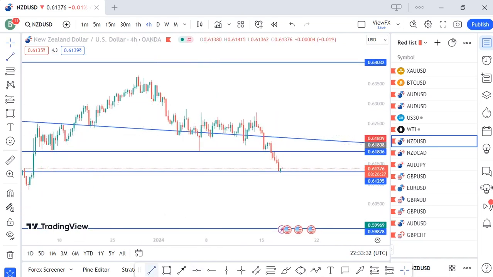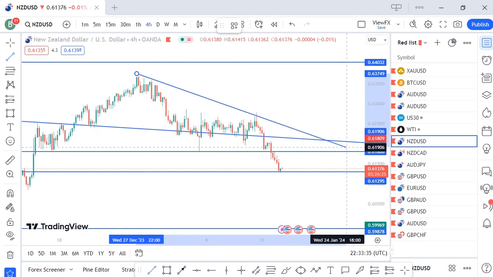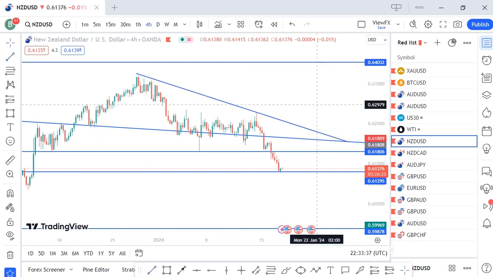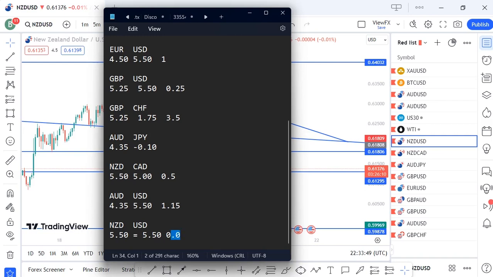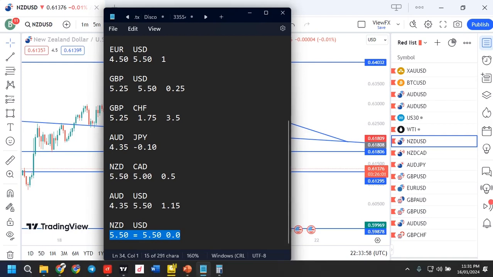So what we have here is a sell, but there's something you need to understand. These figures you see here are not permanent. They change as the news is being released.